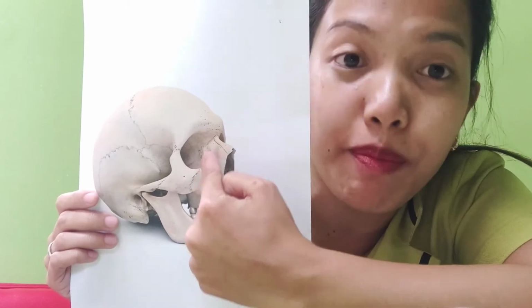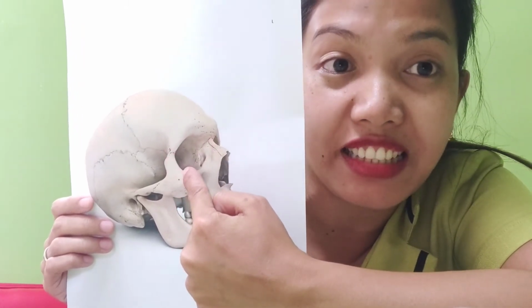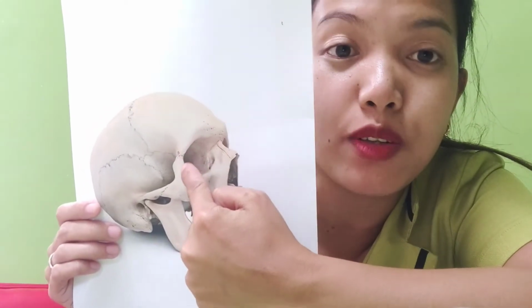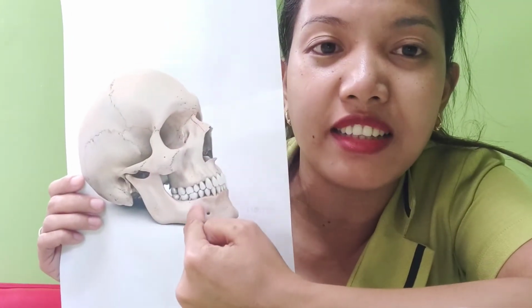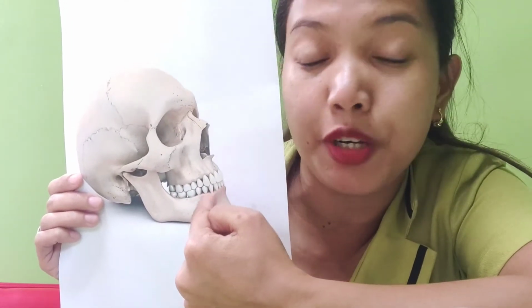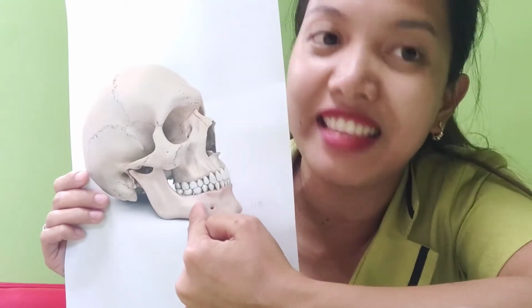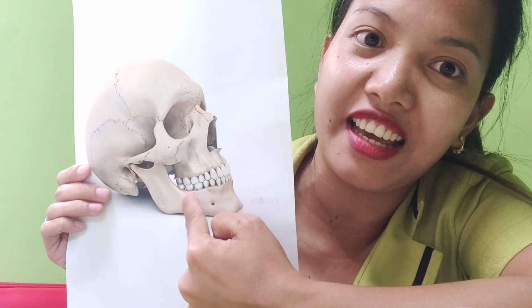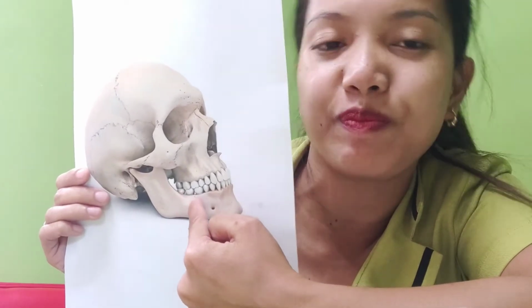Okay. So, si orbit, siya yung nag-protect ng ating eyes. So, kailangan i-protect talaga yung eyes. Kaya, meron si orbit. So, dito naman, si mandible, or what we call the jawbone. So, it protects our teeth. Okay, so kailangan i-protect yung teeth natin. Kaya, nandito si mandible, di ba?